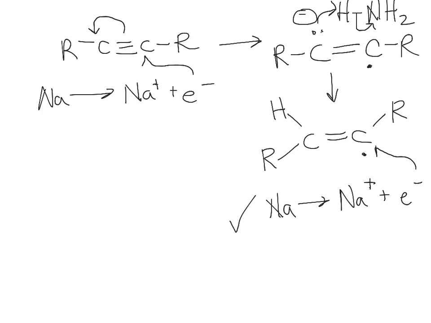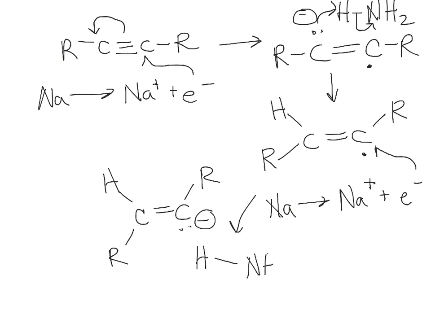Now you're going to have two electrons there, just like we did in the first part. And we know those two electrons can pick up a proton, so they'll pick up another hydrogen from another ammonia molecule. There's your hydrogen, there's your NH2 minus, and your product is a trans alkene.